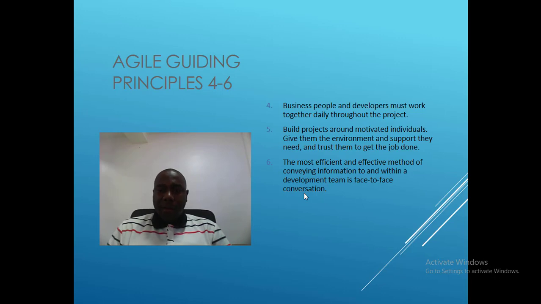Give them the environment and support they need, then trust them to get the job done. Agile teams should be built around people that are motivated. It is the responsibility of the project manager to give them the environment, to support them, and to trust them enough to get the job done. That's why it's also very important to be involved in the selection of a project team that is capable enough to get the work done.